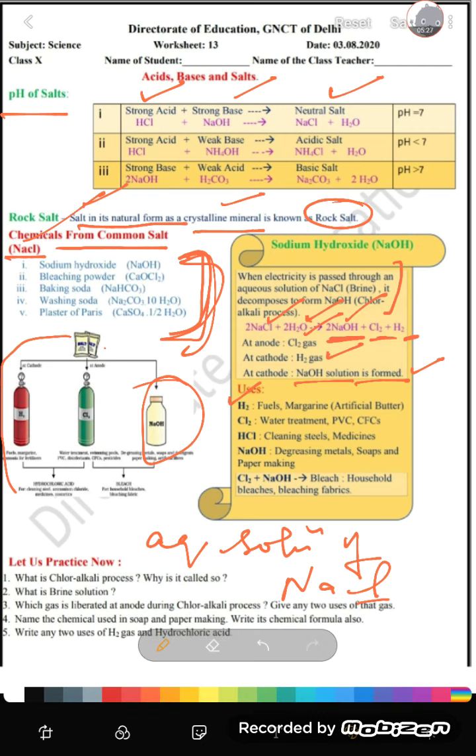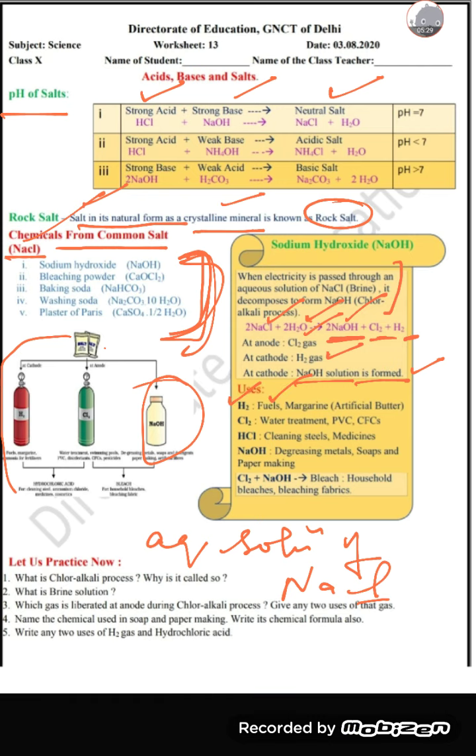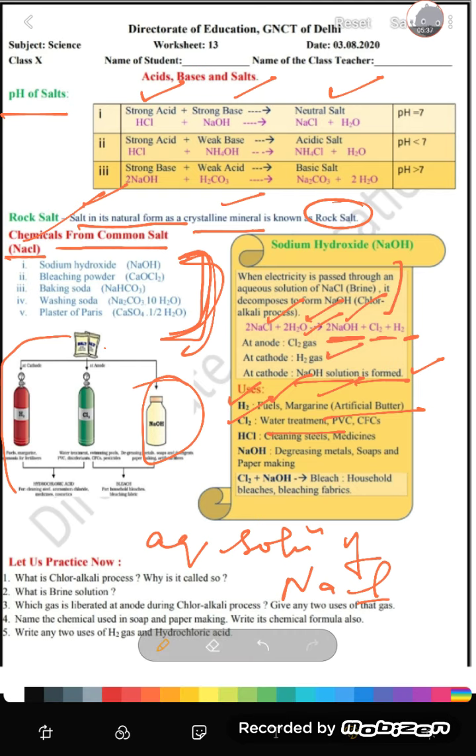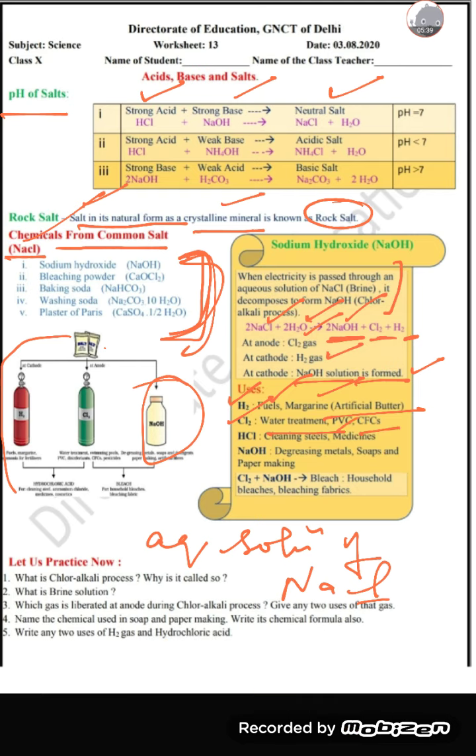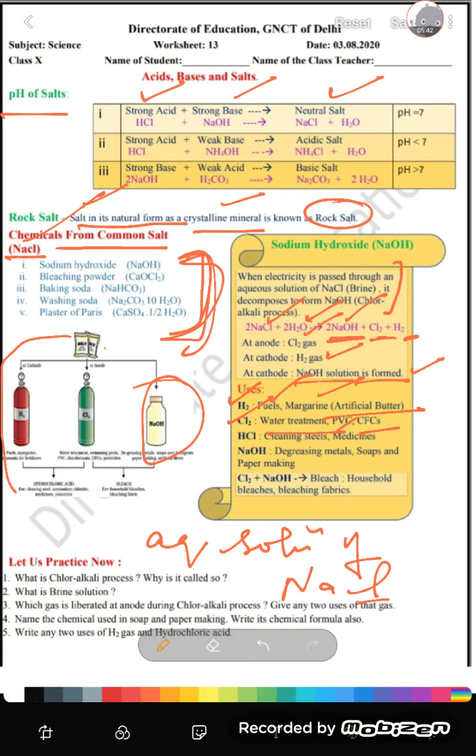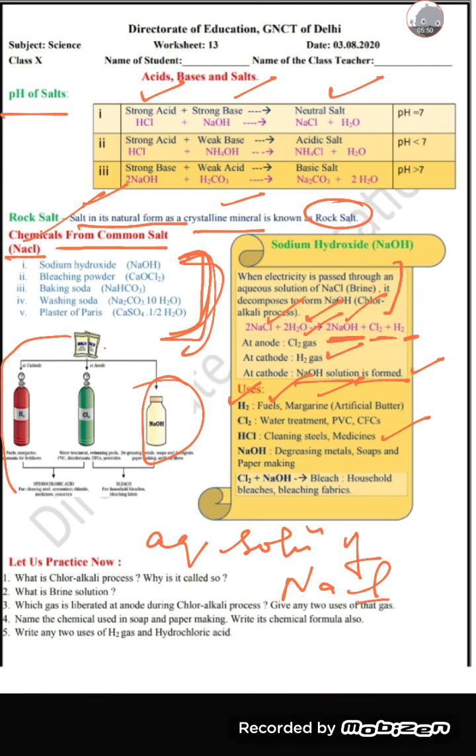Hydrogen, H2, is used as a fuel and in margarines. Margarine is what? Artificial butter. Chlorine is used in water treatment, PVC and CFCs. Hydrochloric acid, HCl, is used for cleaning steel and in medicines, right? Next we have NaOH.